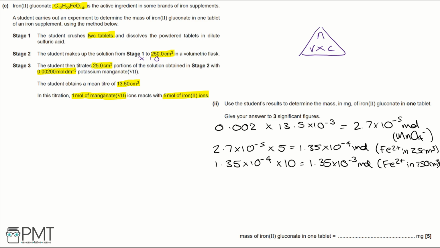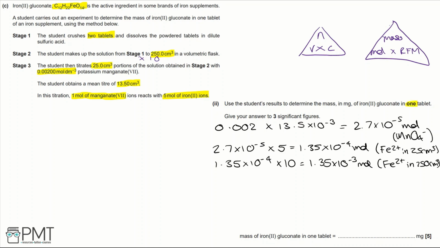And so now we've got the moles of both our manganate 7 ions and our iron 2 ions. Now we're going to use another equation triangle, and the equation triangle we're going to use is mass divided by moles times relative formula mass. And we're going to use this to work out the mass of iron 2 gluconate in 1 tablet.